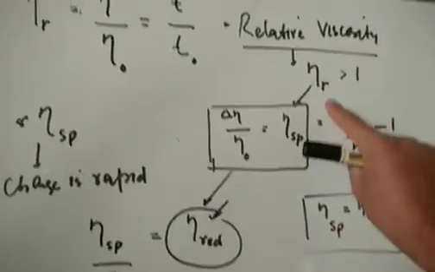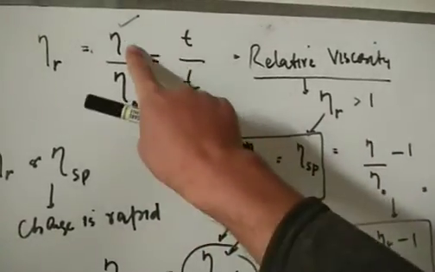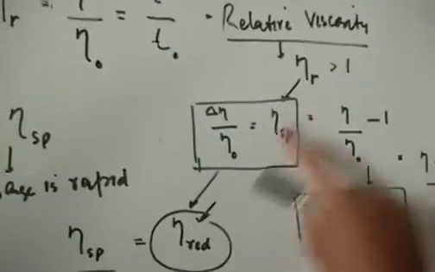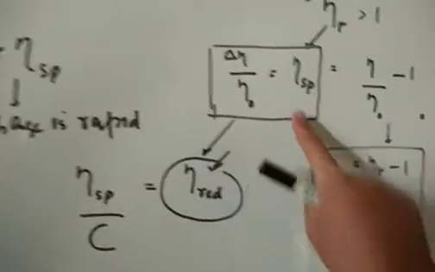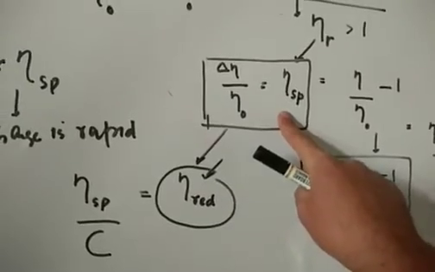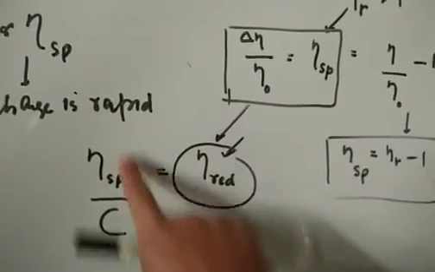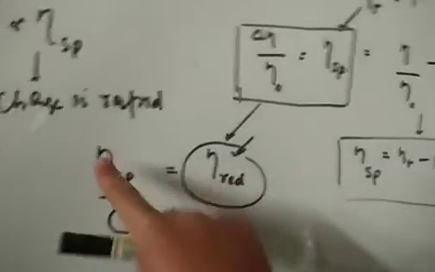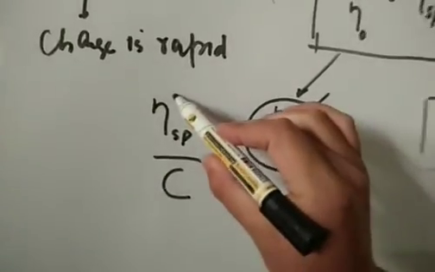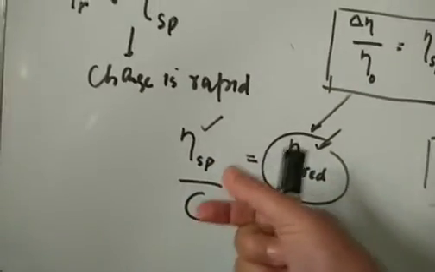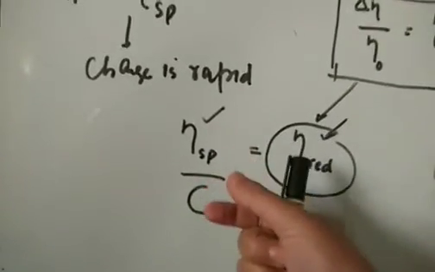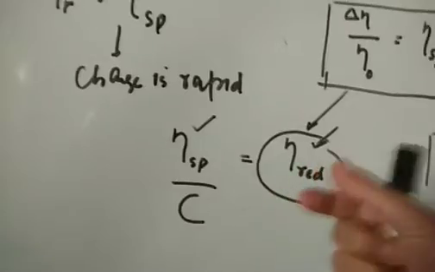So we had the relative viscosity, the ratio of these two, then we converted it into the specific viscosity, and the specific viscosity was converted into the reduced viscosity by dividing by the concentration. That means the specific viscosity with respect to concentration. This term is not rapid; it varies regularly with the concentration.